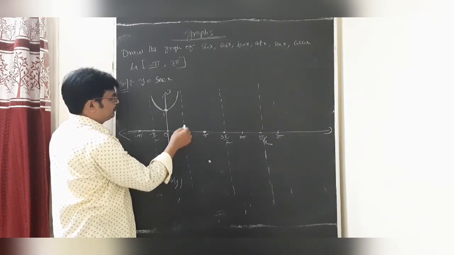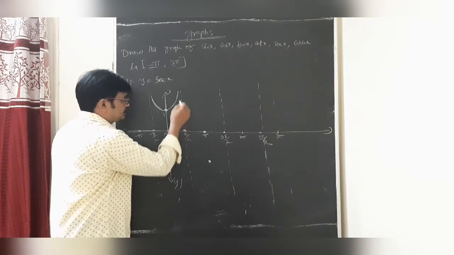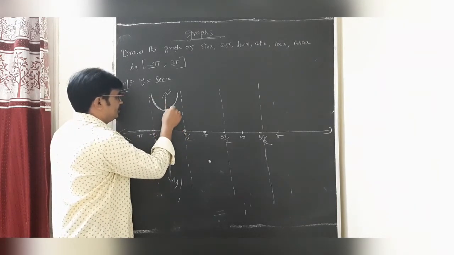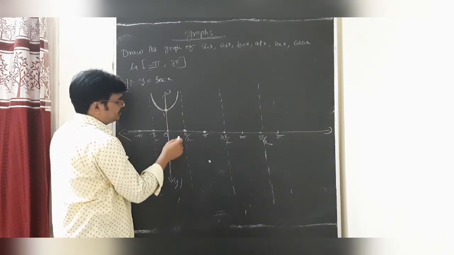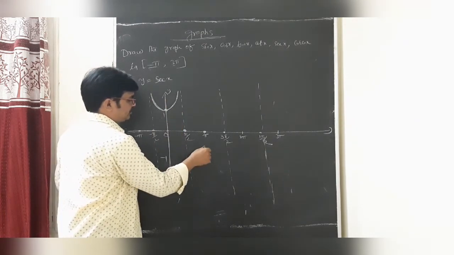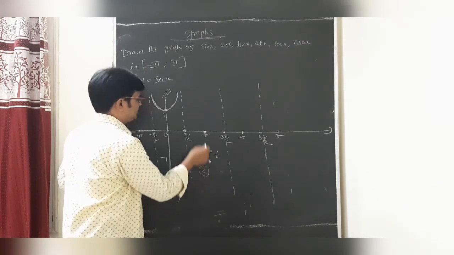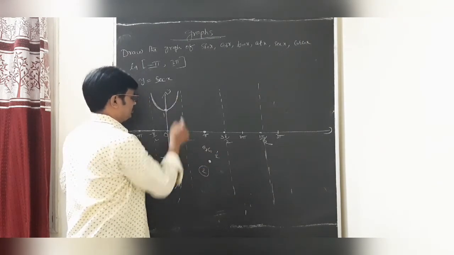Similarly, up to cos 90, secant is undefined. That's why the graph is above 1. Cos of 60 is 1/2, but secant 60 is 2. Undoubtedly that is above 1.